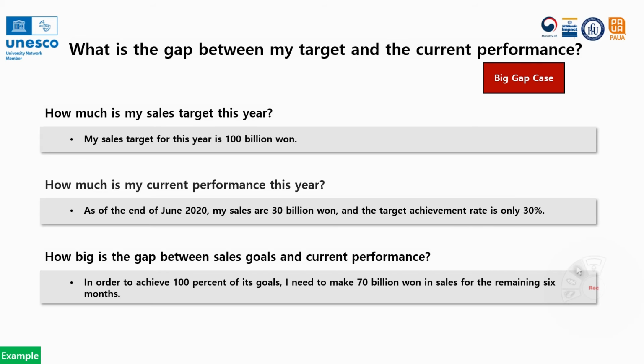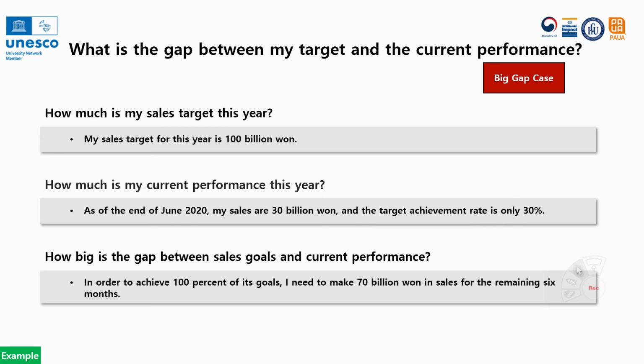And the next question is about the current performance. How much is my current performance this year? As of the end of June 2020, let's assume that my sales are 30 billion won. That means the target achievement rate is only 30%.